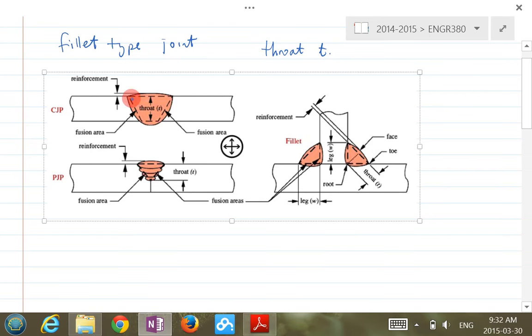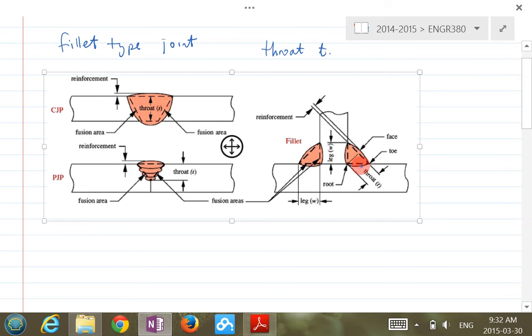Now there's always a little bit of so-called reinforcement at the welded joint, basically a little extrusion here. And the same thing for the fillet weld, you have a little extrusion in here.